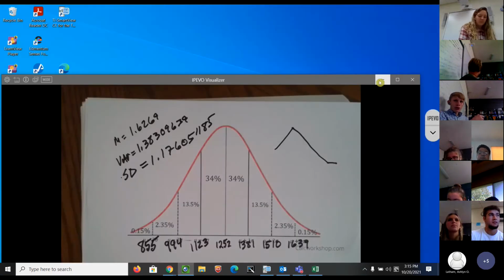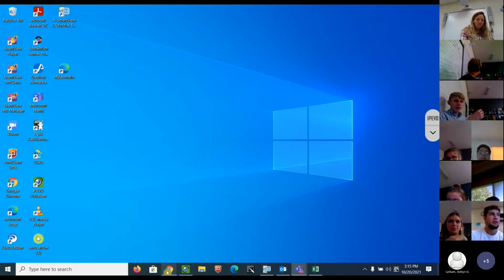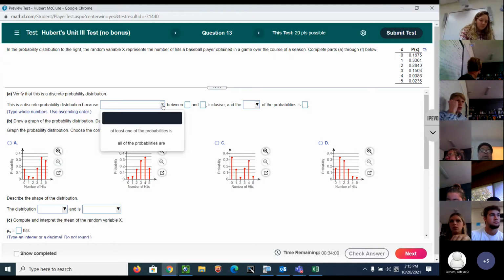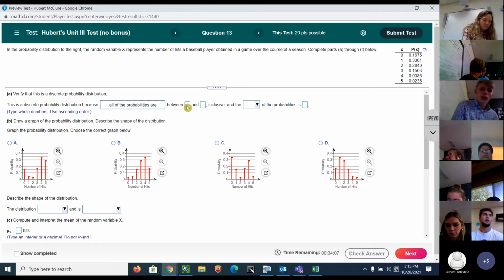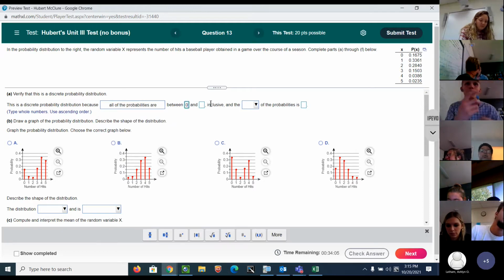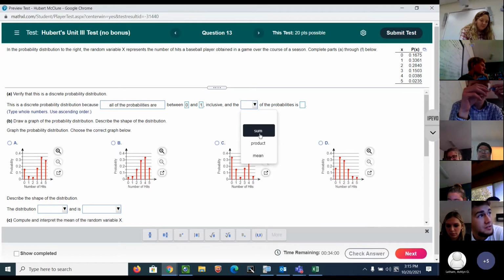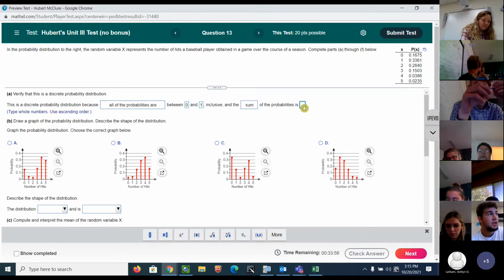So all the probabilities are between 0 and 1 inclusive, and the sum of the probabilities is 1.